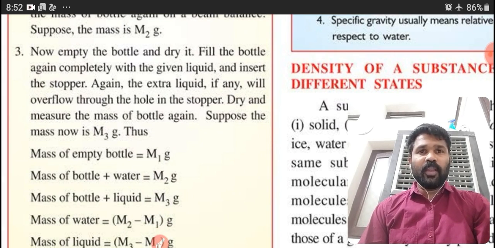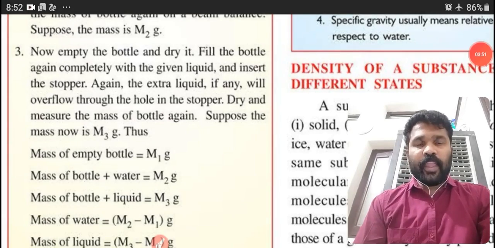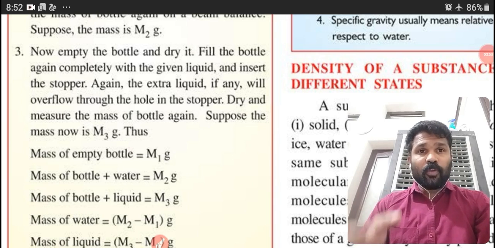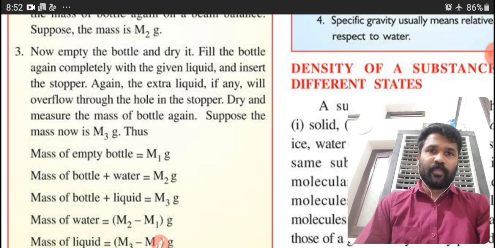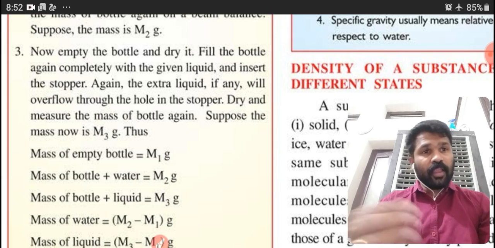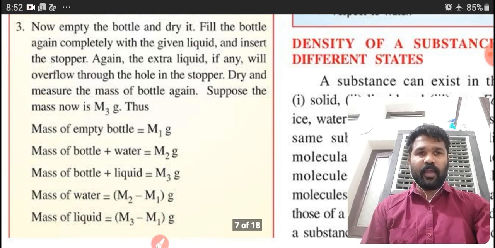Fill the bottle again completely with the given liquid and insert the stopper. Again, the extra liquid, if any, will overflow through the hole in the stopper. Dry and measure the mass of the bottle again. Suppose the mass now is m3 gram.